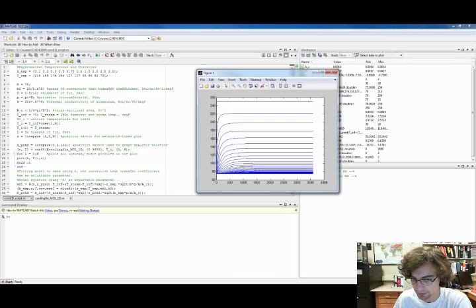So this would be z equals 0. Pretty obvious, because it's at 250 and it's a straight line because it's always at that temperature. But as you can see, down here, this would be like the point z equals 0.1 feet, and you can see that increases very quickly and then approaches steady state.